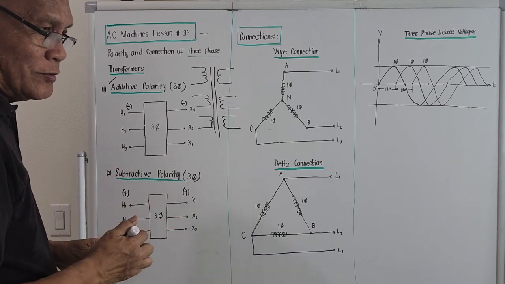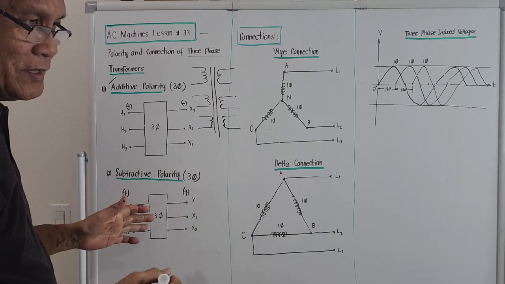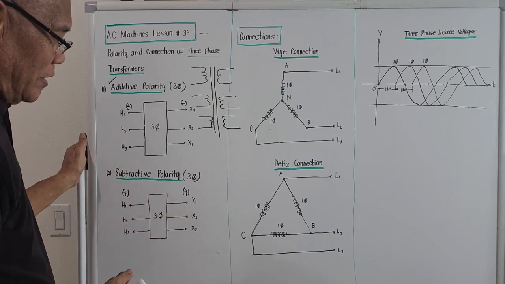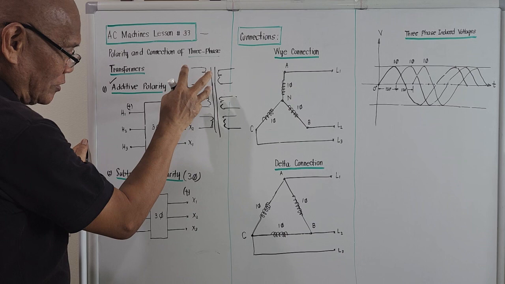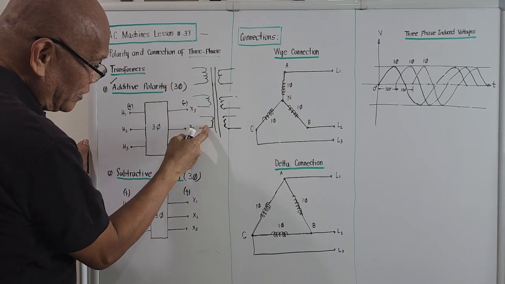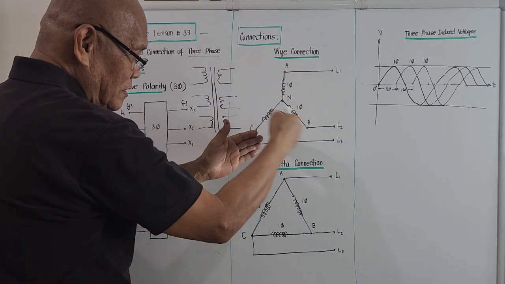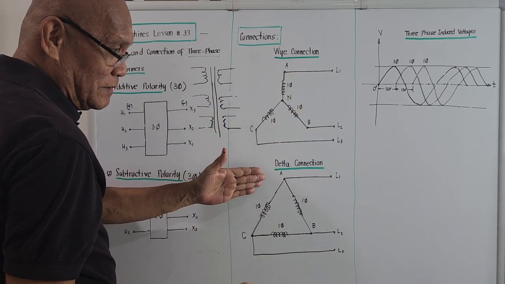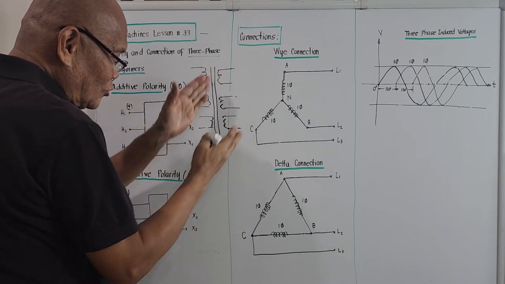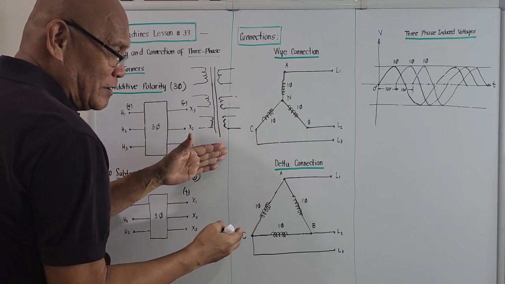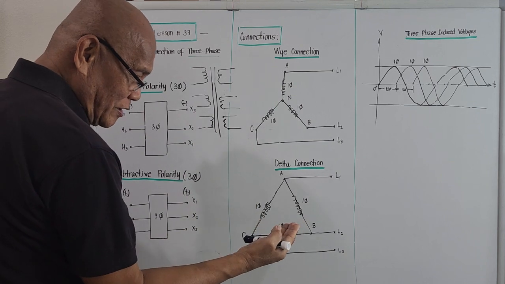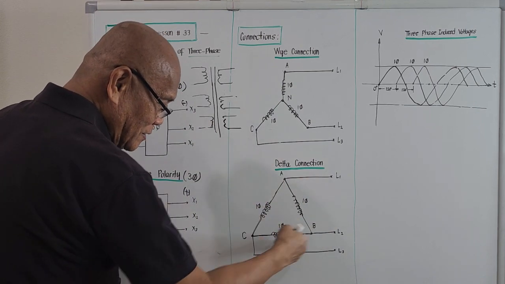For the connection, it depends on the application. If you want the connection on the primary to be Y, you interconnect these three like this. And if you want the connection on the secondary side to be delta, you interconnect these three single-phase windings so that the connection looks something like this.